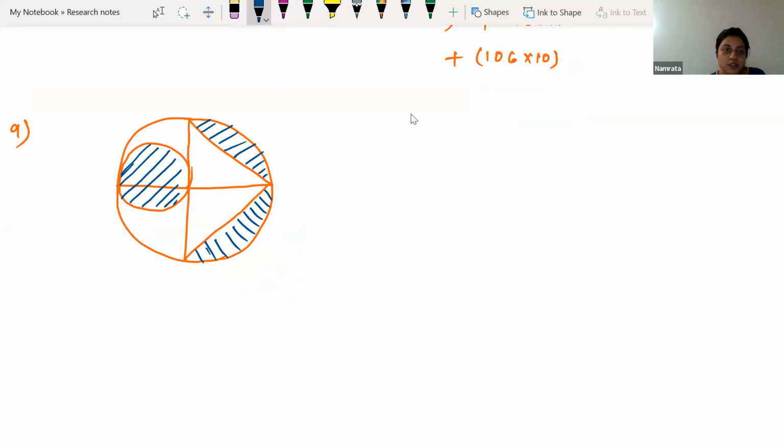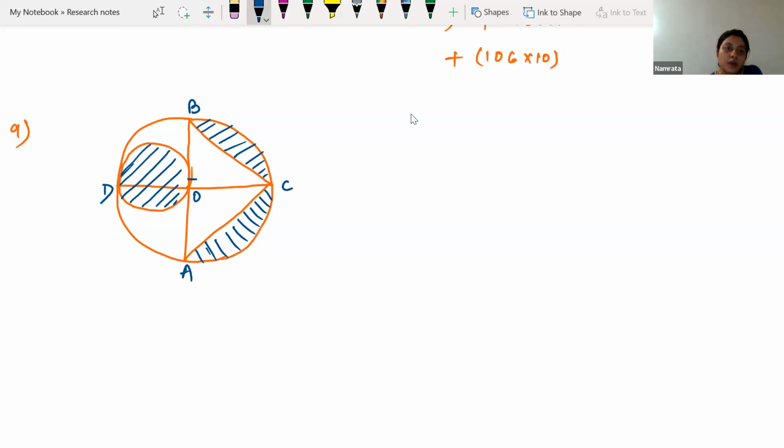What exactly does the question say? O, C, D, B, A. Here the question says AB and CD are two diameters. As you can see, AB and CD are both diameters of a circle with center O, perpendicular to each other.